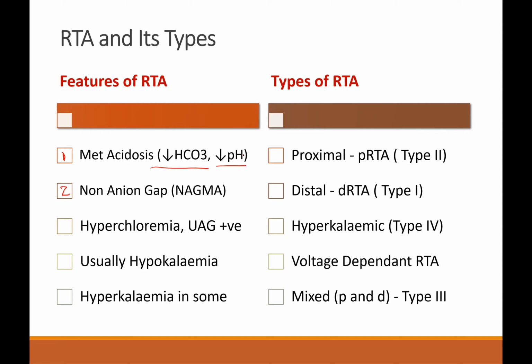We know it is non-anion gap metabolic acidosis because in anion gap metabolic acidosis, other anions are added, like salicylate, ketone bodies, or lactic acid, or outside acids are added. Whatever is the cause, there are many causes of AGMA. Now we are not dealing with that. We are dealing with NAGMA.